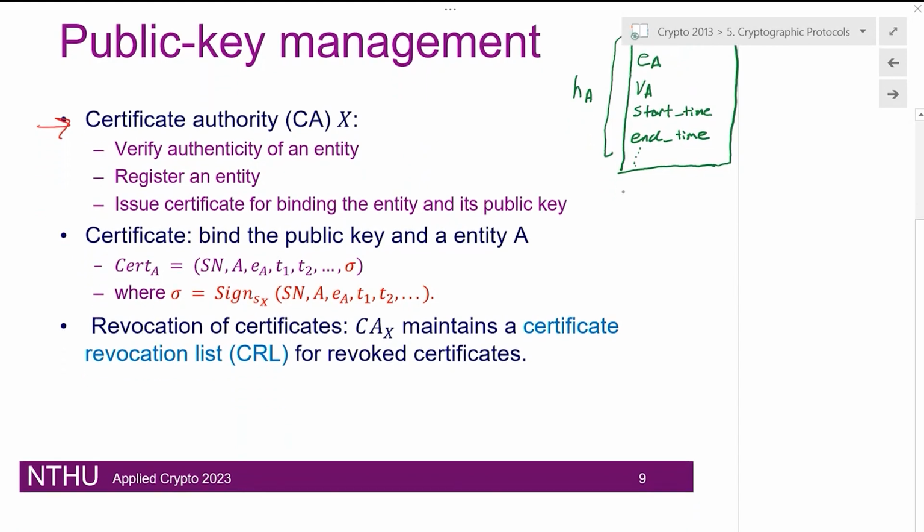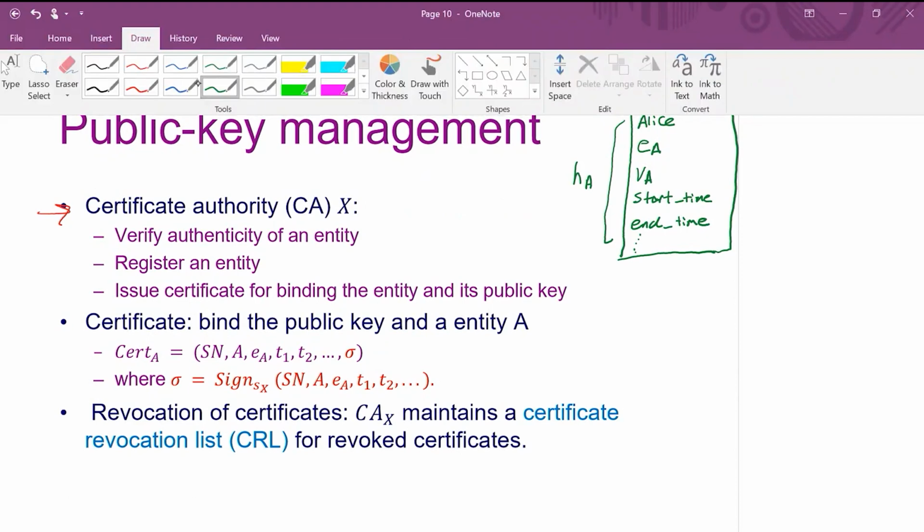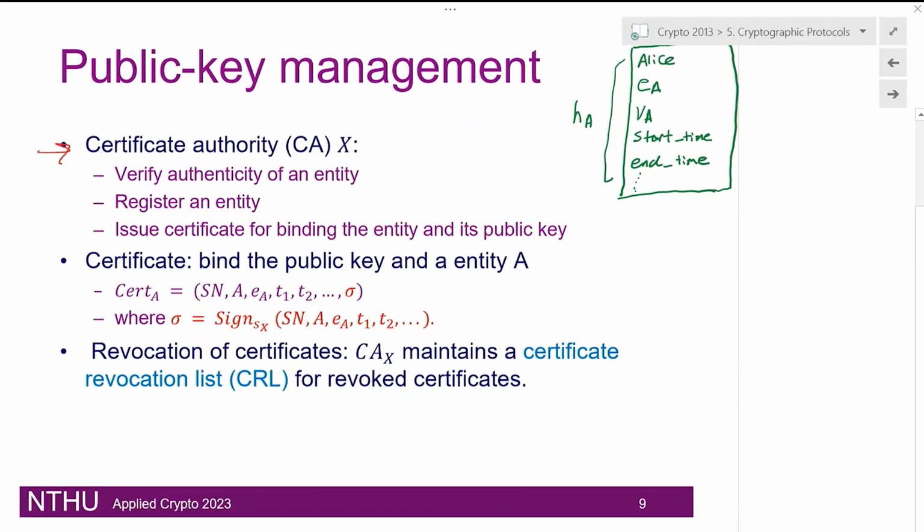And then what it would do is sign this entire information at the end of the certificate. So sigma equals sign, using the signature key of X, of this hash A, right? And this would be the last thing that you attach to a certificate.